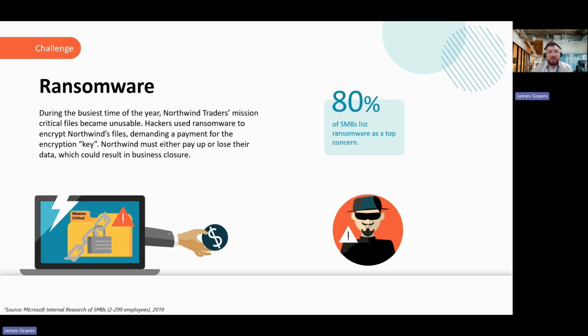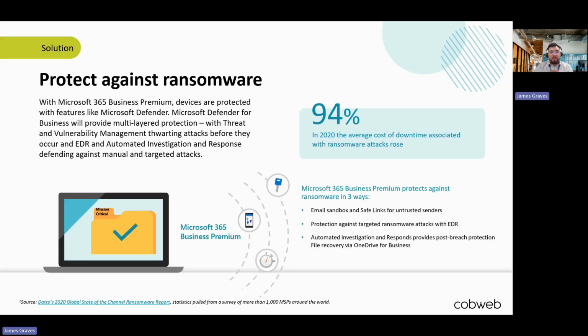Common story for most people, and we're seeing these days from the various attacks that have taken place and put out there into the public domain. As a result of this, it's pay up or lose your data, which could result in the business being closed down as a consequence of that.